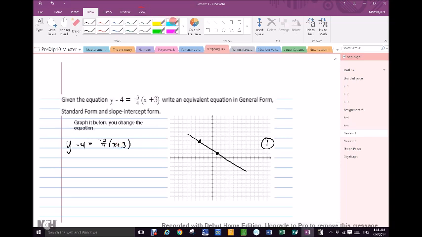And this is the way I go to general form. I don't like that 4, so I multiply each side by 4, because I also don't like to distribute fractions. So when I multiply that 4 there, that 4 cancels, and this side is -3x plus 3. Over here, I've multiplied by 4, and I get 4y minus 16. Then I distribute. 4y minus 16 equals -3x minus 9.